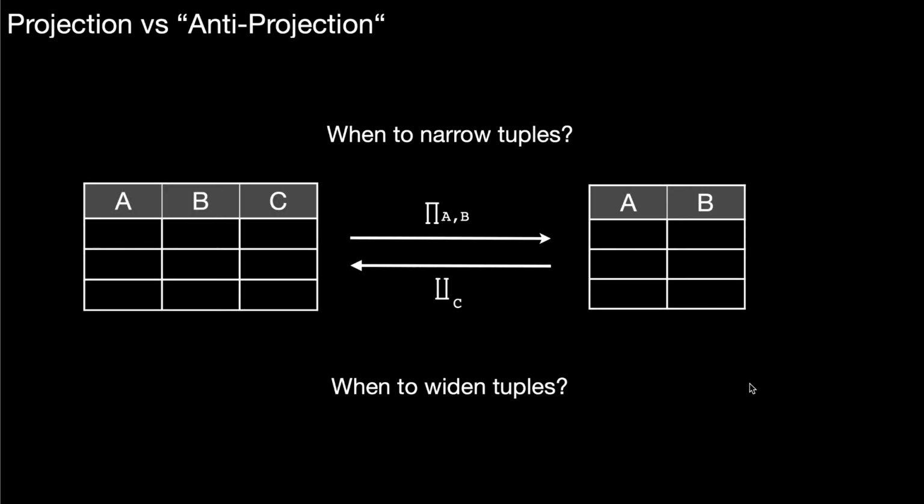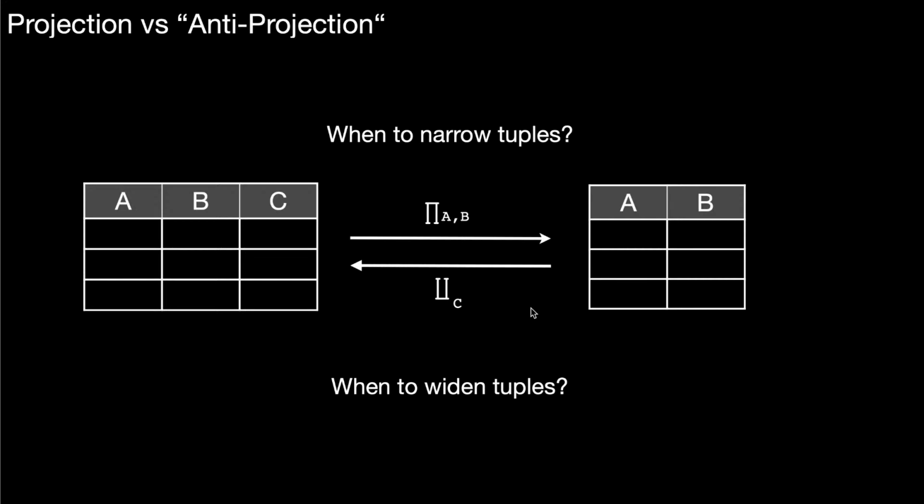But anyway, how you could depict that is really the inverse of projecting, and that's why I put it upside down. I could also have written a pi -1 or something like that, but I thought this would be nicer. So you have a relation with 3 attributes, A, B, C. You project to something, then you have here maybe AB. Something smaller typically. If you project to the same schema, okay, you can do that, it's allowed, but it doesn't make any sense.